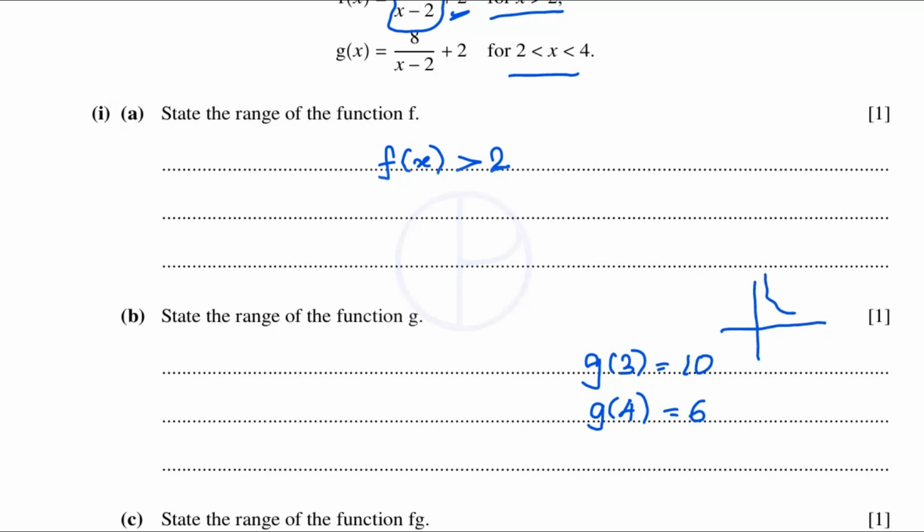This is a reciprocal function with the values from 2 to 4. For 4, it gives the value 6, and for 3, it gives 10. So the range will be above 6.